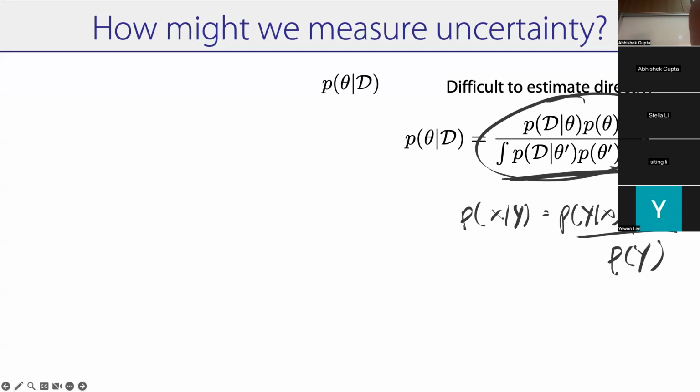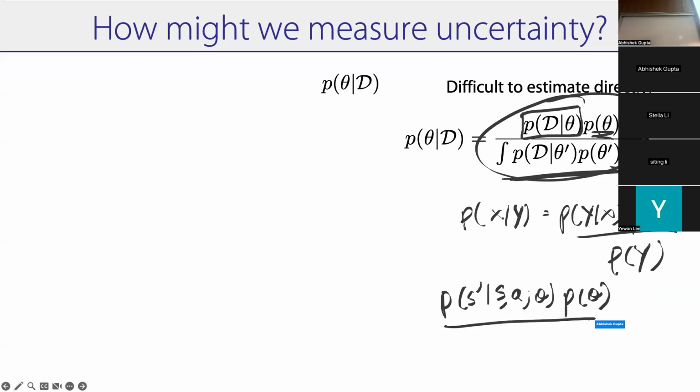To make this super concrete, P of D given theta would be P of S prime given S, A, theta. P of theta is going to be some prior over functions that you have. It's a uniform. And then you're going to integrate this over all possible functions.